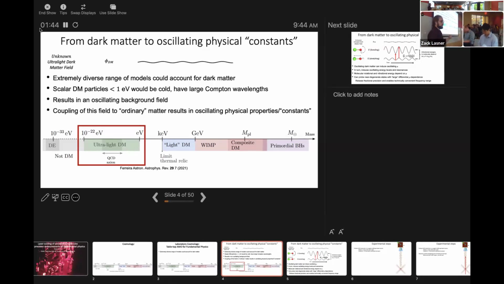And so this oscillating background field could couple to ordinary particles, and that would modulate the properties of ordinary familiar standard model particles like the electron or the proton. And that coupling, due to the oscillating amplitude of the background field, would result in an apparent oscillation of things like the masses of the ordinary particles we are used to measuring properties of.